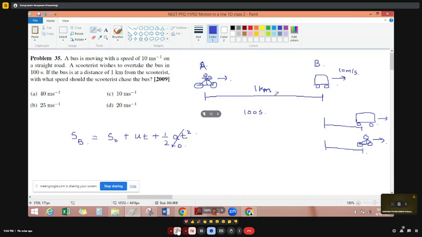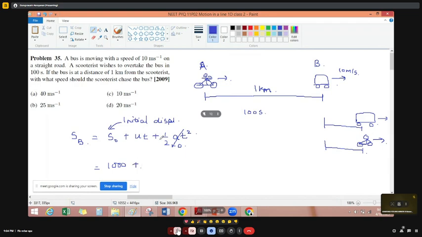S naught is the initial displacement. Suppose this was my reference point, then this is the initial displacement, and you have to add this initial displacement here. In a problem with an initial displacement, writing ut plus half at square is not enough. You have to write the initial displacement. So take it down properly. It's called initial displacement. This will become 1000 meters, 1 kilometer.